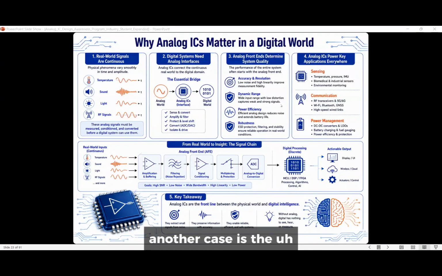Another case is the electromagnetic influence from the outside world. I mean the space, right? I think many of you have heard that some AI chips have gone into space, right?